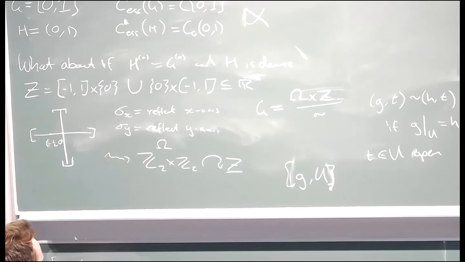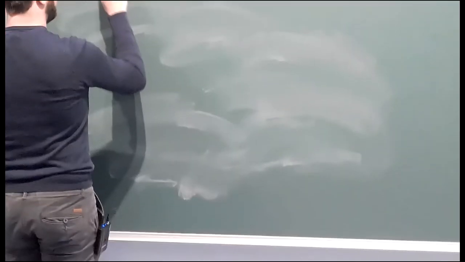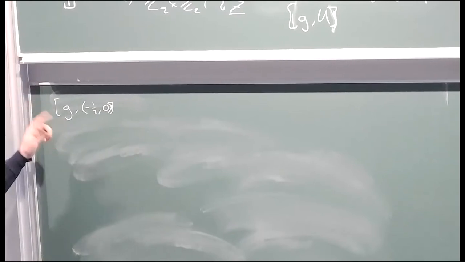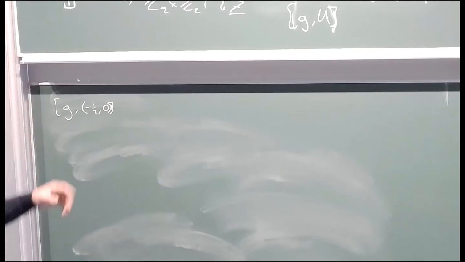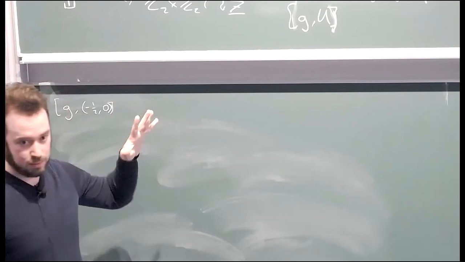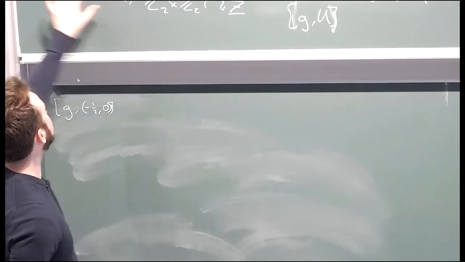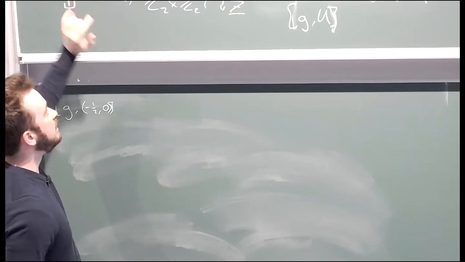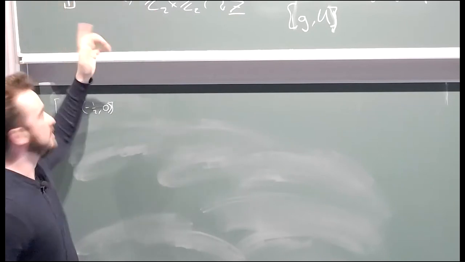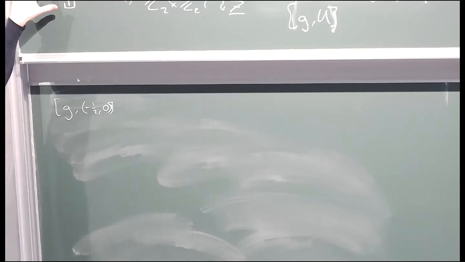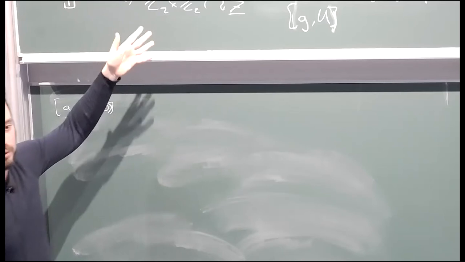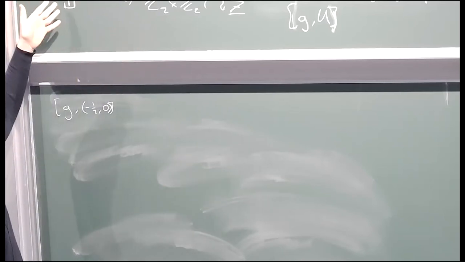At this coordinate, G can do one of two things, essentially. G can do nothing, G can reflect the x-axis, which in this case will do something, G can reflect the y-axis, which is nothing at this point, because if I reflect by the y-axis here, I've done nothing. I'm sitting on the x-axis. Or G can do both. But just as I've said, reflecting the y-axis doesn't do anything.